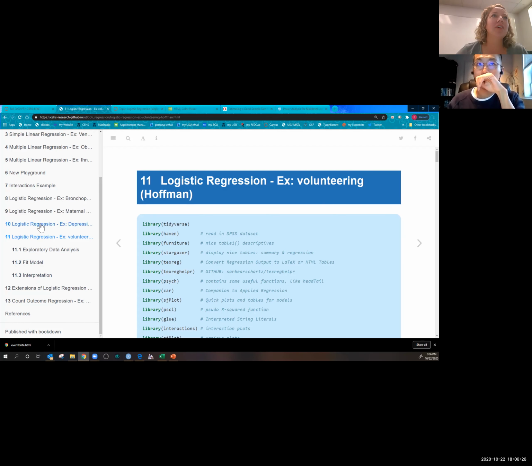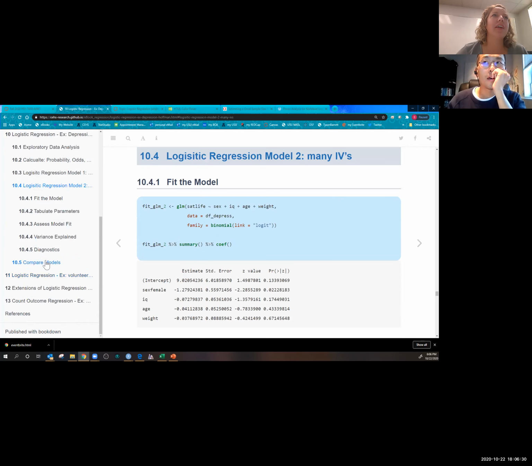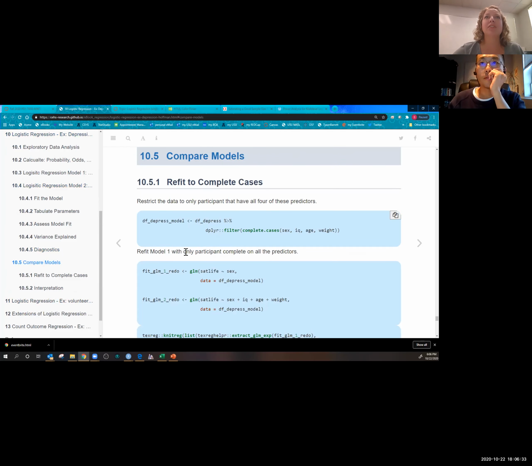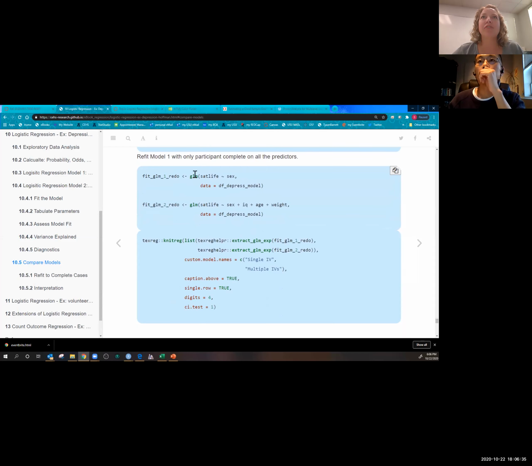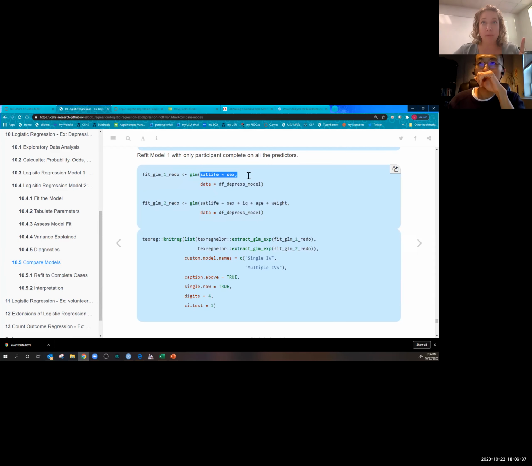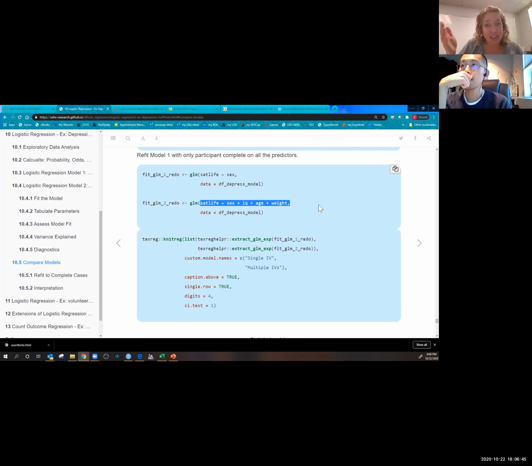So let's see, I'm trying to remember. Okay, right here. That's what happened in this model. My first model had just 1 predictor, and my second model had 4 predictors. So when I fit the model with more predictors, since people are missing on those, it shrinks the data set.